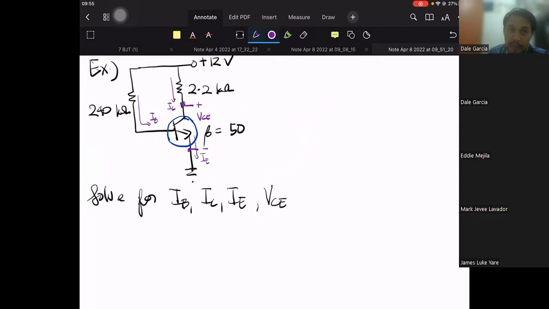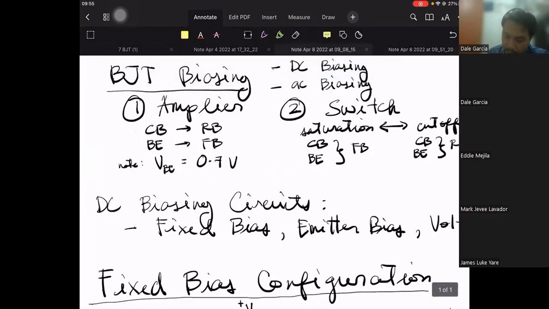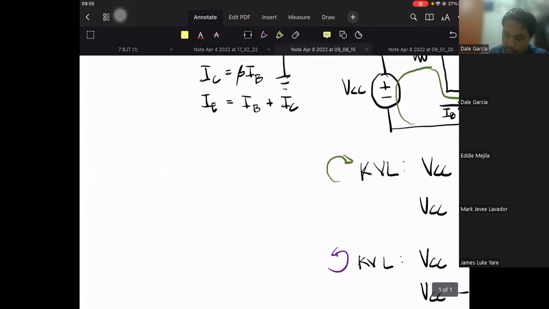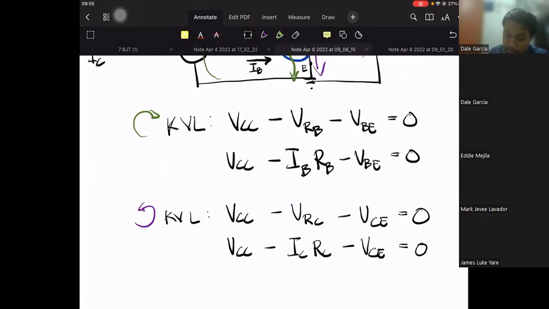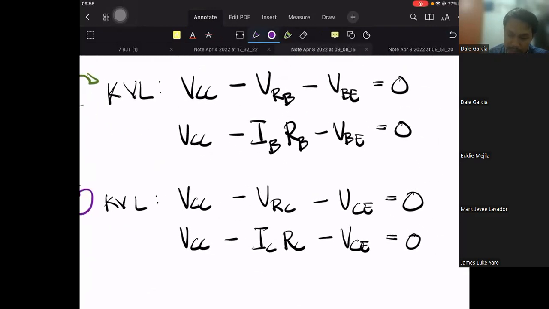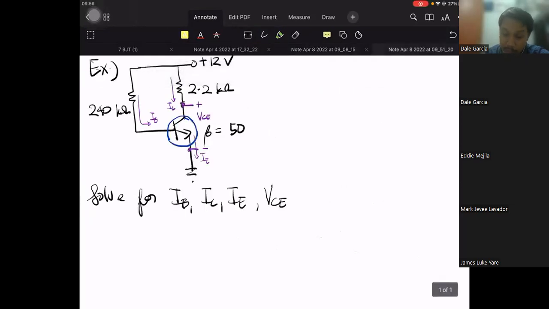So if we do not need to analyze, we just need to invoke these formulas, no? If you memorize them, we will move along fast. If you take note of these formulas and then just invoke them later in the examples, it's better if you memorize them or have a copy. If not, you can derive them.